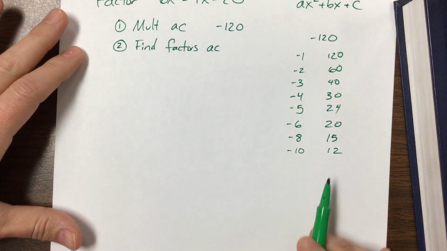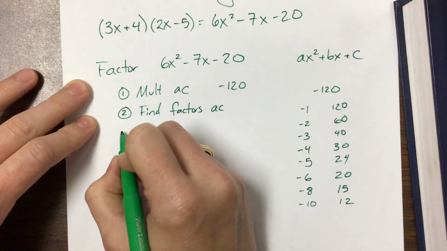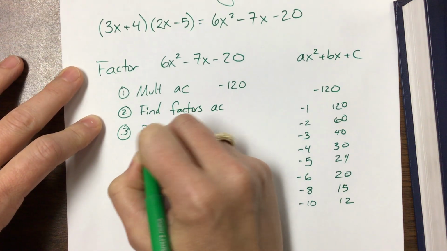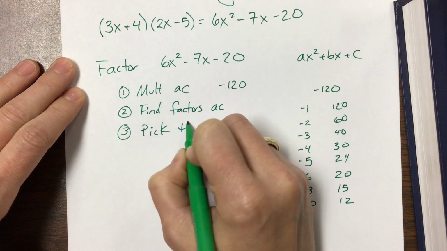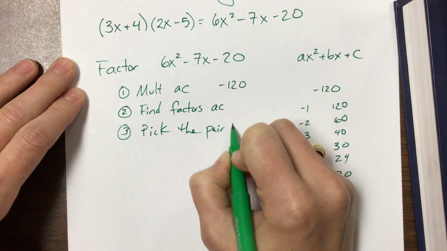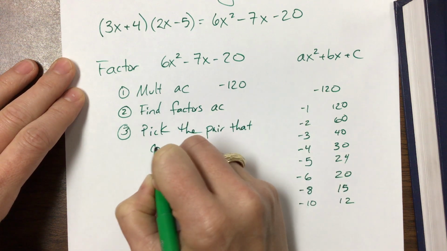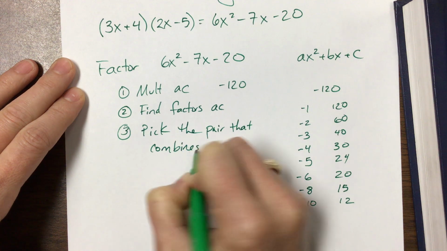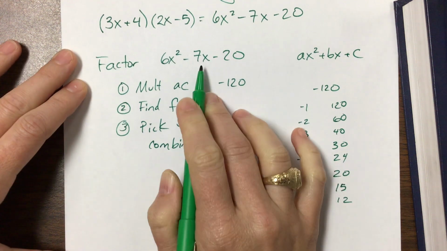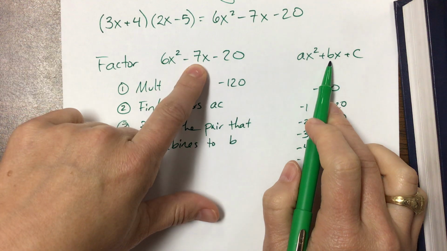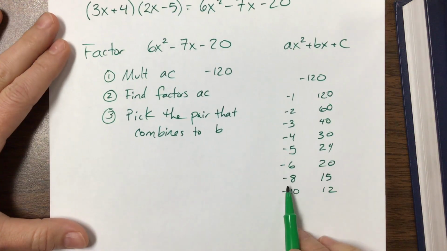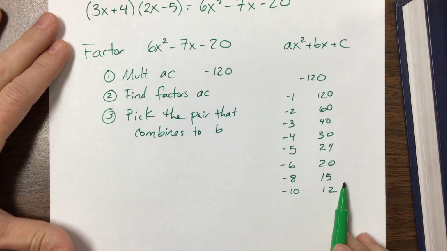So I'm looking at these pairs, and what I want to do now, step 3, is pick the pair that combines to b. Then that b is this middle value here. When I'm looking at this, I see a negative 8 and a positive 15. That would give me a positive 7.